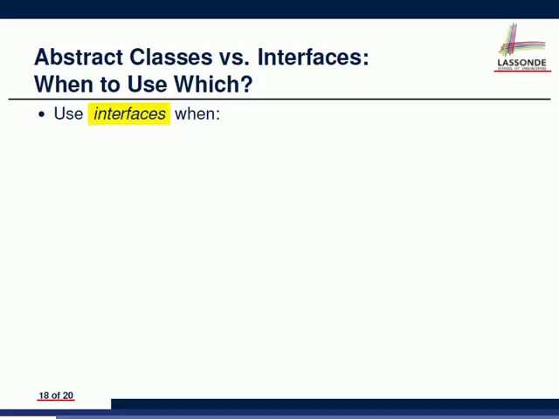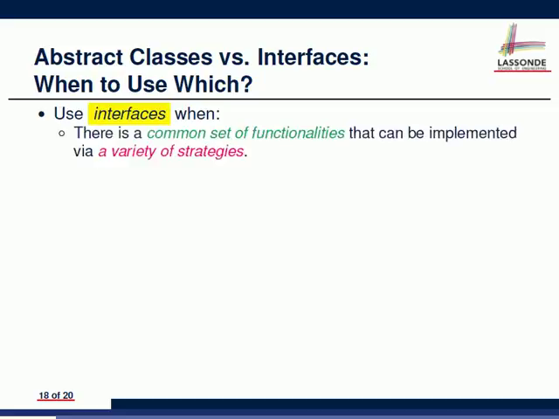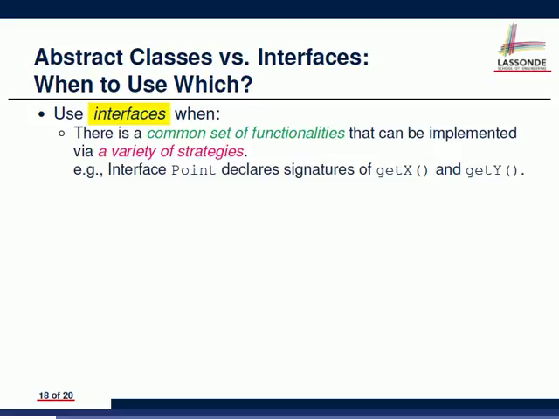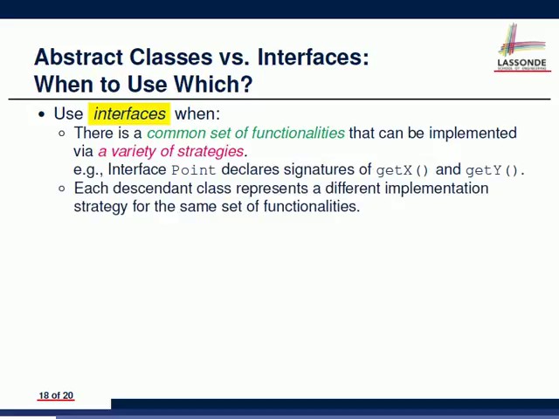Okay, let's review this slide quickly and see if we have any more questions. You want to use interfaces when you have a common set of functionality, for example getX, getY, and you want to allow for a variety of implementation strategies. For getX and getY, you can use either the polar system or the Cartesian system.